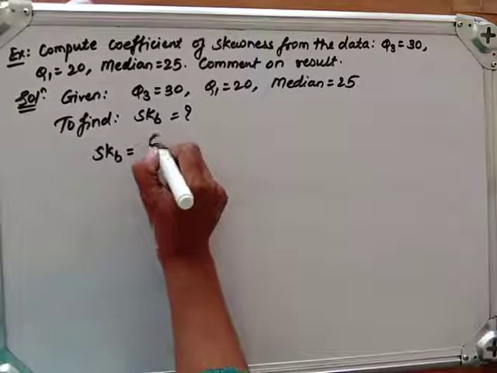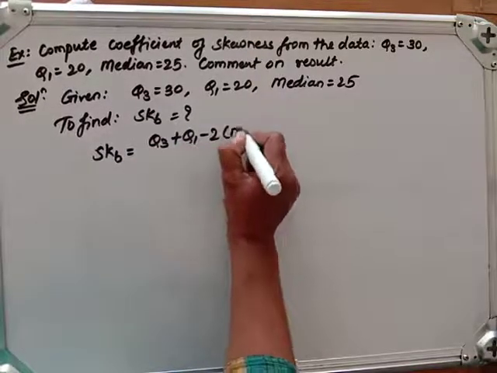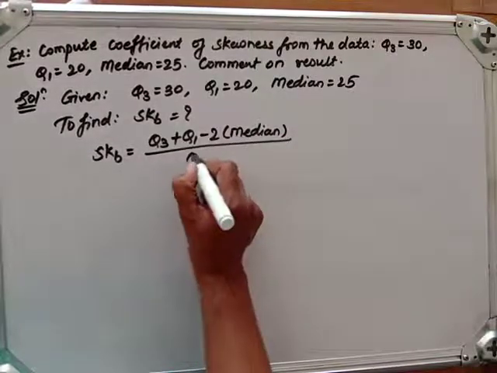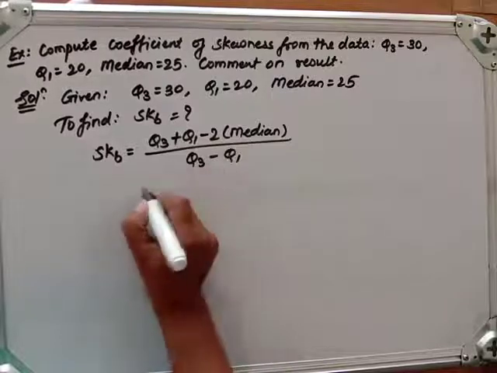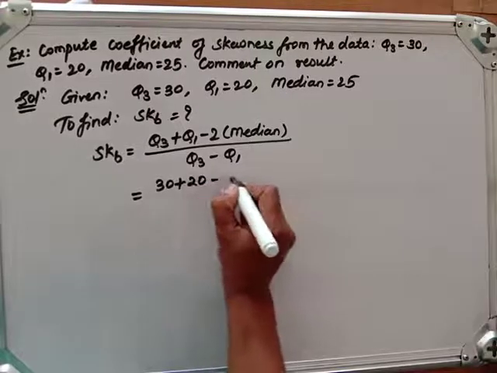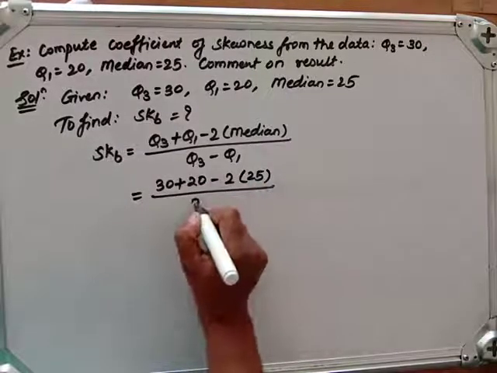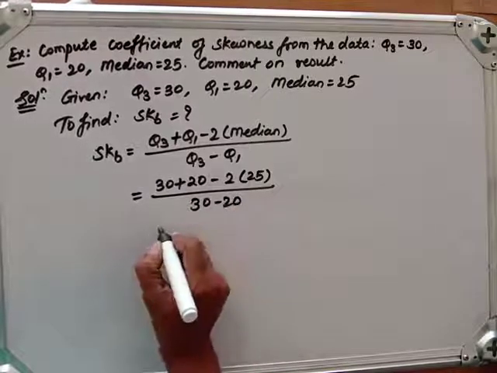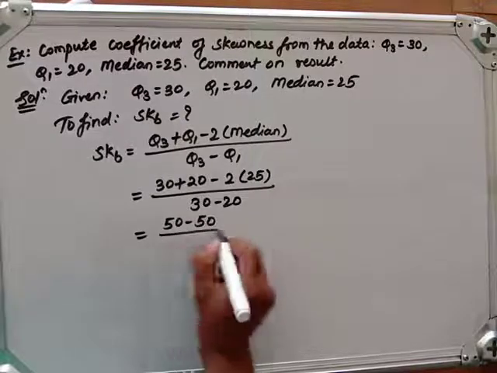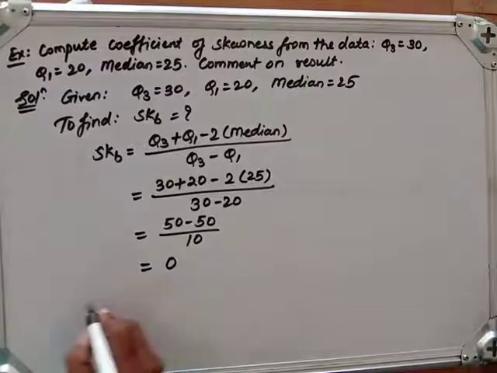SKB is Q3 plus Q1 minus 2 times median upon Q3 minus Q1. So it is 30 plus 20 minus 2 times 25 upon 30 minus 20. So it will be 50 minus 50 upon 10. So it is 0. So SKB is 0.